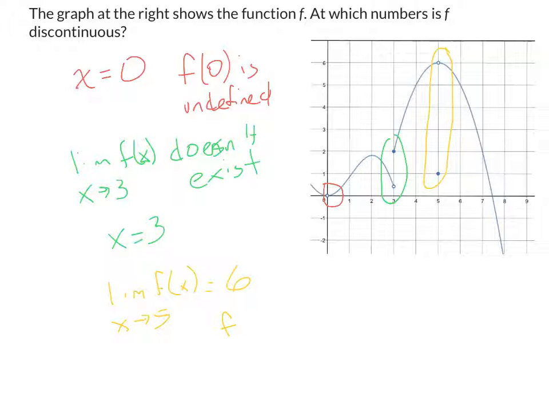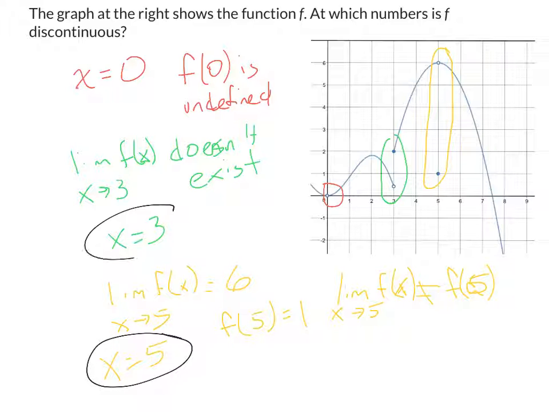But f of 5 is actually equal to 1. So the limit as we approach 5 of f of x is not equal to f of 5. So we have another point discontinuity at 5.